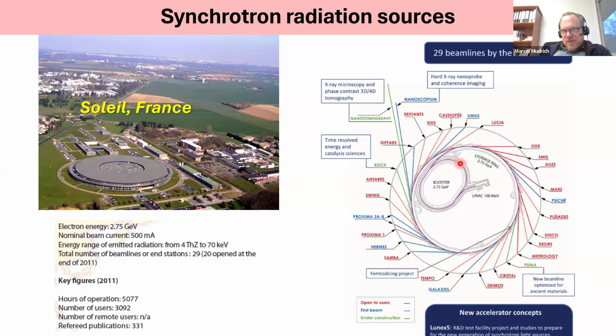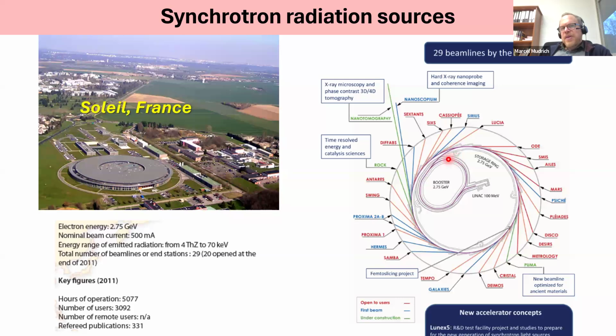There's this booster ring, which brings the electrons up to this energy, and even this booster ring has a pre-accelerator, which is a LINAC, a linear accelerator, to get the electrons from the electron source up to around 100 mega electron volts. So the electrons are injected into the booster at 100 mega electron volts, and then the booster ring is operated in the actual synchrotron mode.